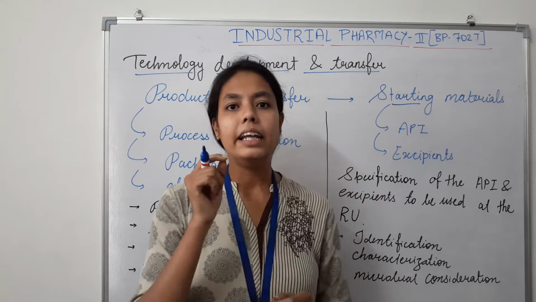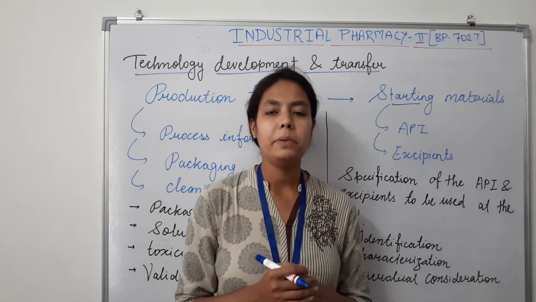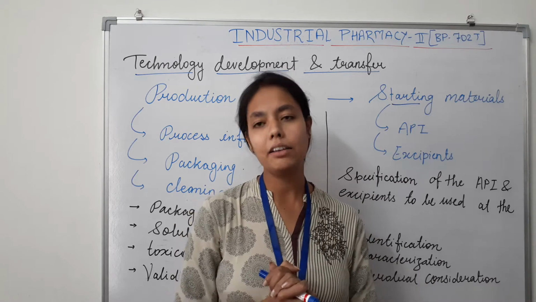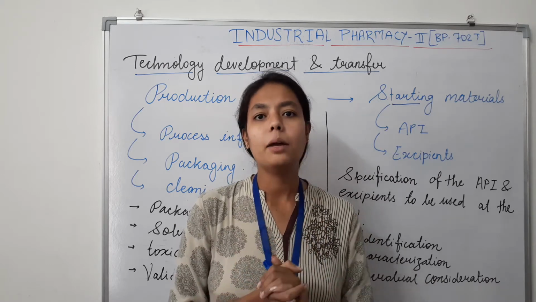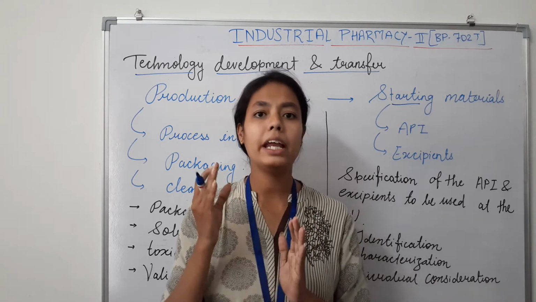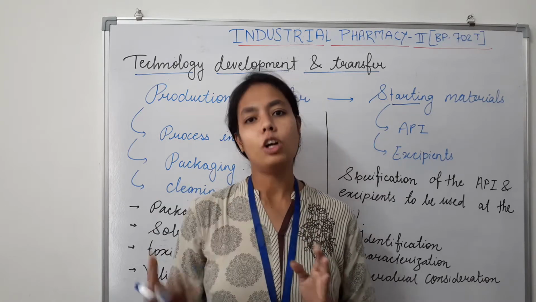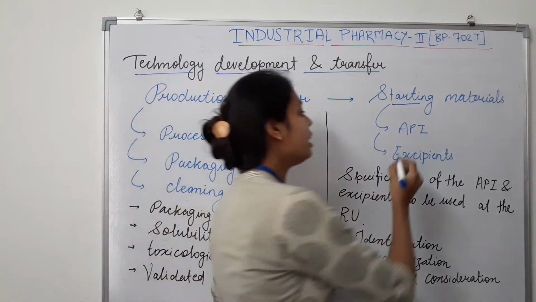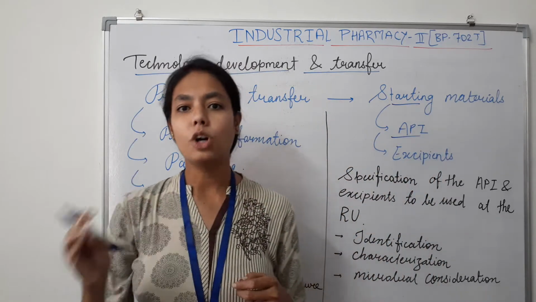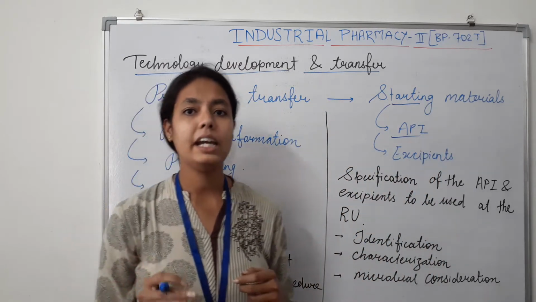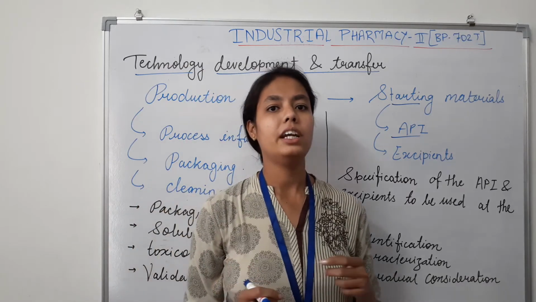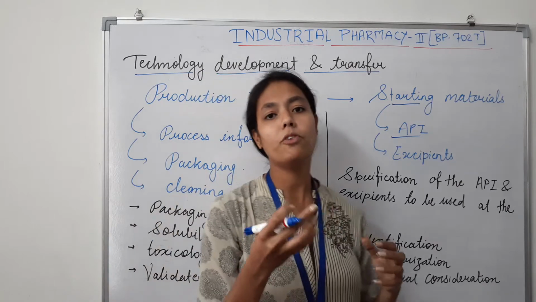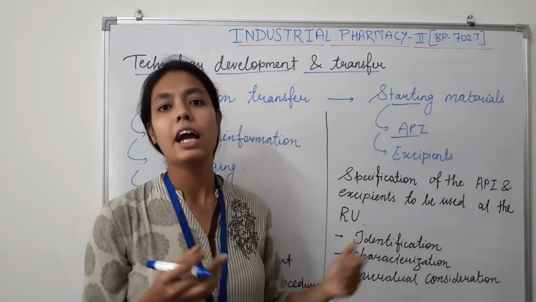After that, the definitive form of the API, which includes photomicrographs and other relevant data, and any polymorphic and solvent forms. We will also take into consideration the solubility profile of the API, partition coefficient, and intrinsic dissolution rate, the rate at which the drug will dissolve.